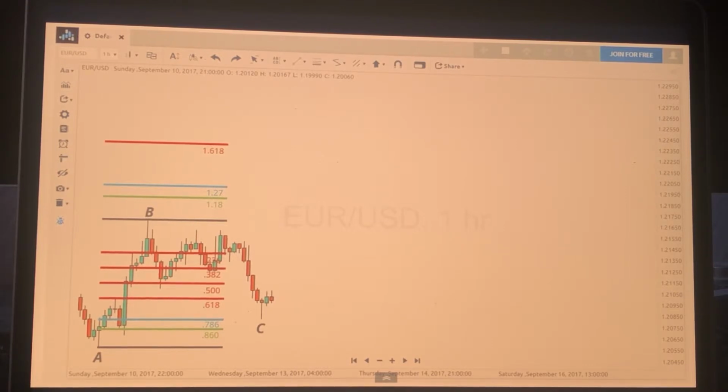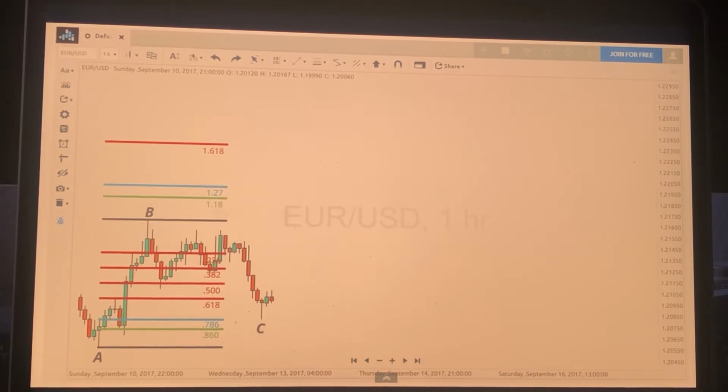If we mark this as the C, we then have to adjust the C to this, because your C will always be the deepest low inside the AB boundary. You need to understand this. If you started off thinking this was the C, and the market goes deeper inside the AB boundary, once again, I'm going to repeat this: the C needs to be the deepest low inside the AB boundary.